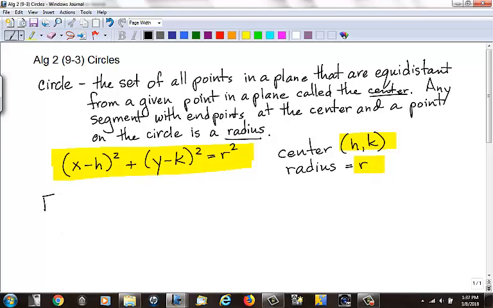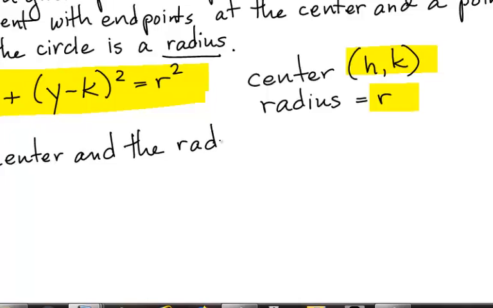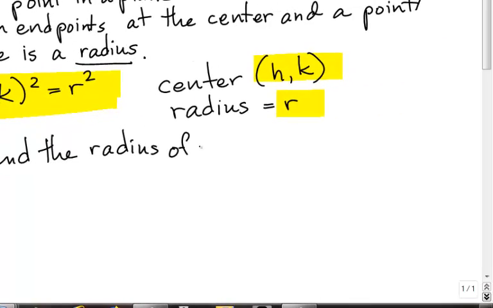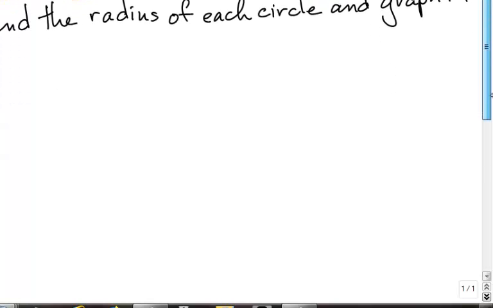Okay, now they will ask you to find the center and the radius of each circle and graph it. So you have to get it in the right form, okay? Then you can read the center and the radius.